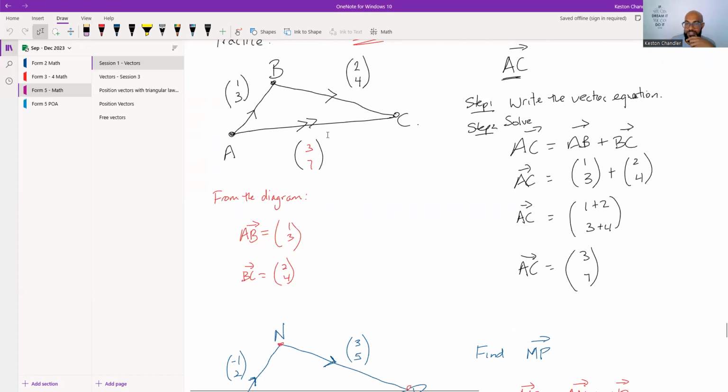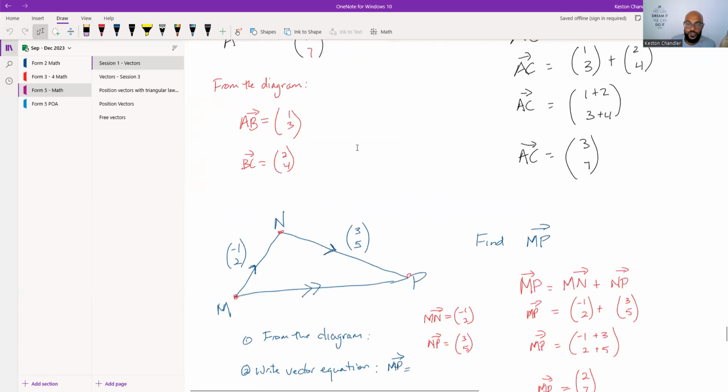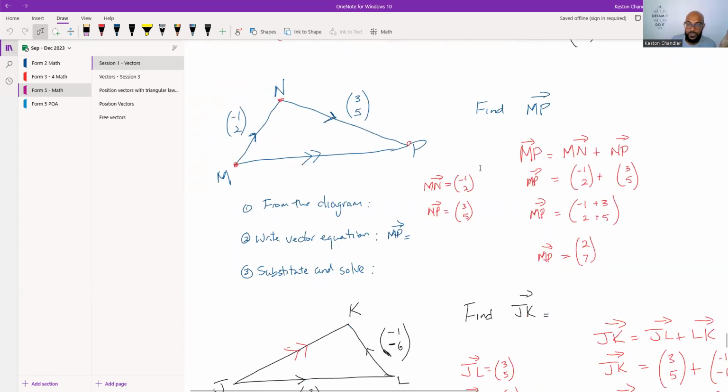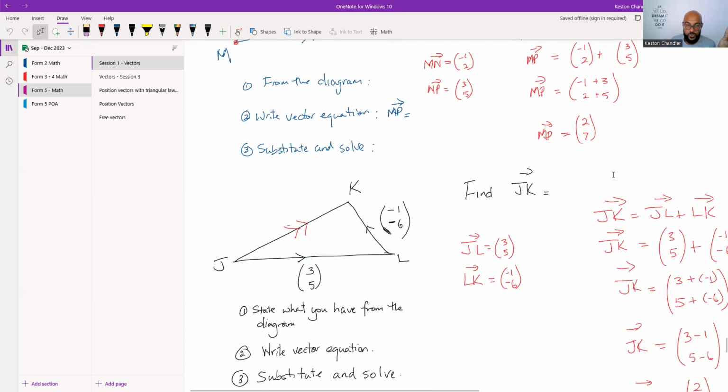So to find AC here, you're just going A, B, and then BC. And you had what BC was. BC was 2, 4. Right, look at this one. We did MN, NP. MN was -1, 2, and NP was 3, 5. So you didn't have to change any direction. So we did this lastly.